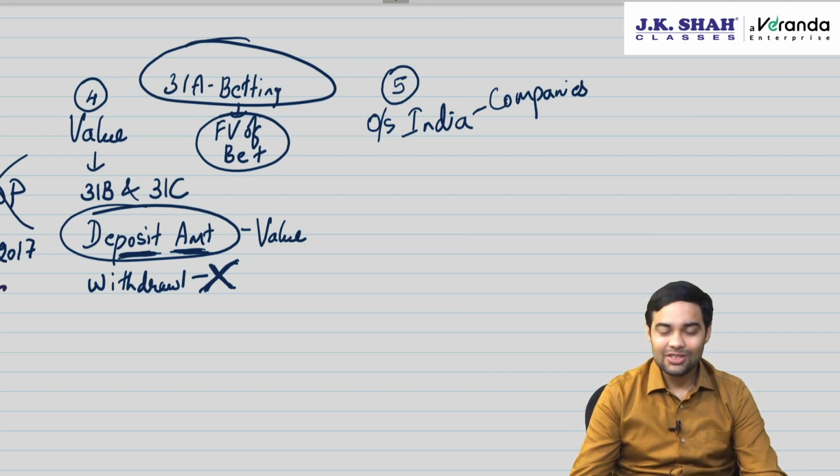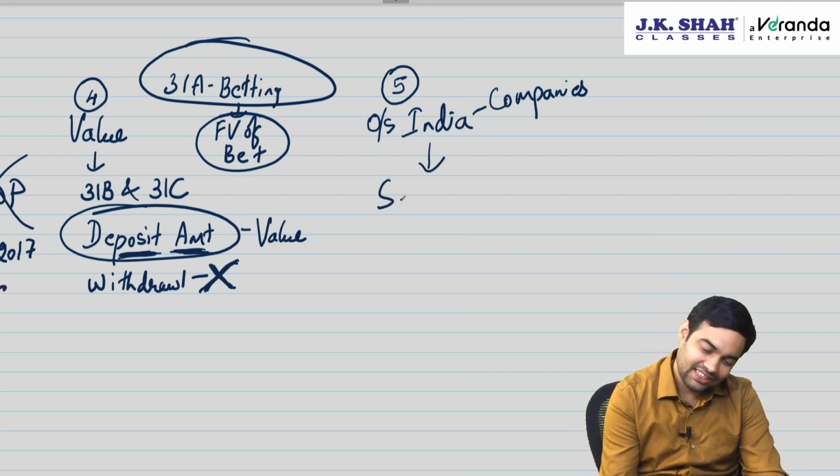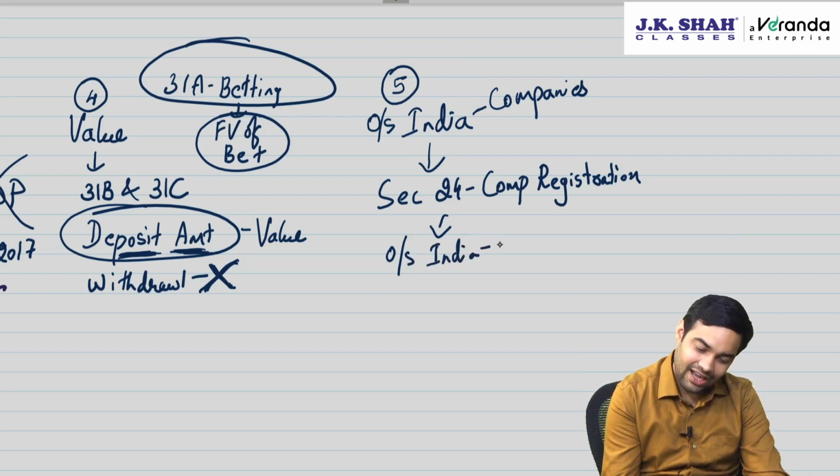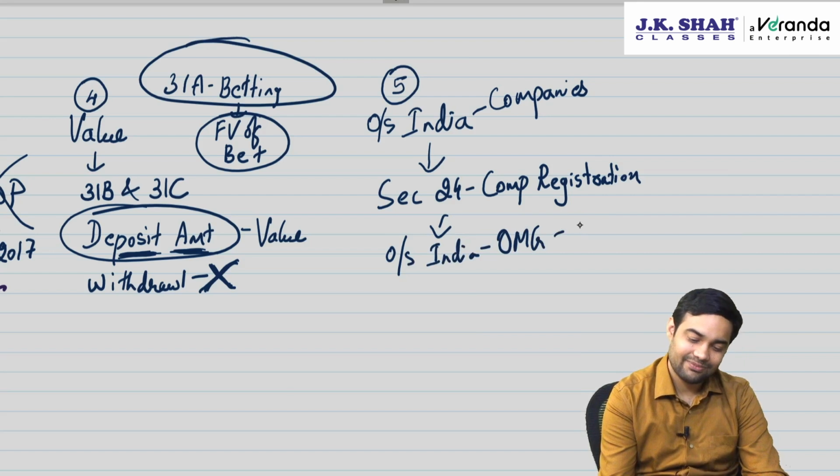Government will not be able to catch us. They amended section 24 of CGST Act, which talks about compulsory registration, and said that these companies which are operating from outside India providing online money gaming have to take registration mandatory.